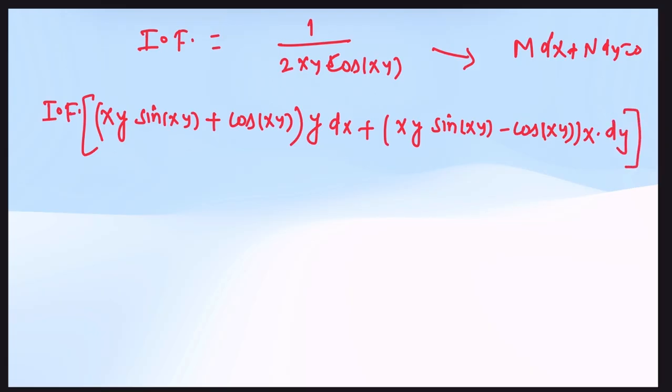Okay, equal to 0. So we will multiply by the factor 1 upon 2xy into cos y to the differential equation.